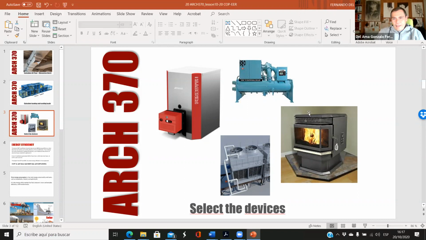Okay. Then we can use a pellet boiler. Pellet boilers are good because they are using renewable energy. Fossil fuels are not renewable. But wood, everything that is related to wood, is renewable. So if we burn wood, we make sure that at least we are not running out of natural resources, as long as we plant at least as many trees as we cut down.